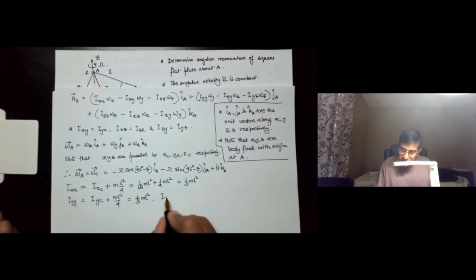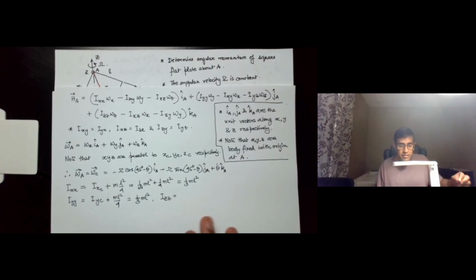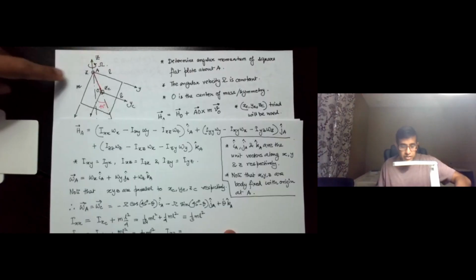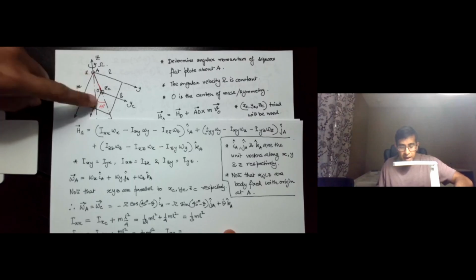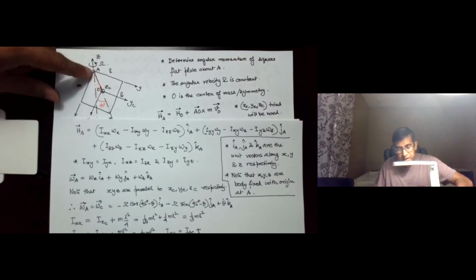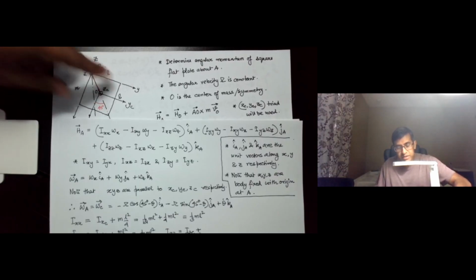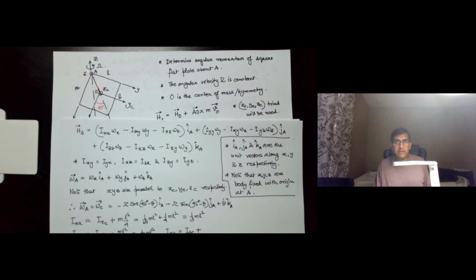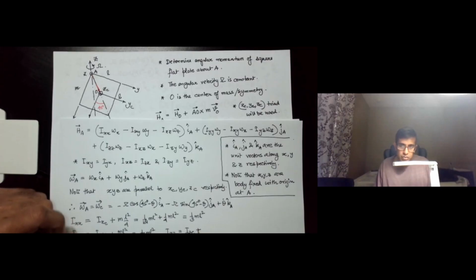Now Izz, the moment of inertia in the z direction, if we go back to this diagram, is again a parallel axis movement of Izc, but now the distance moved is half of the diagonal. Since the square is of length L, its diagonal is square root 2 L, so half of the diagonal is L over square root 2.